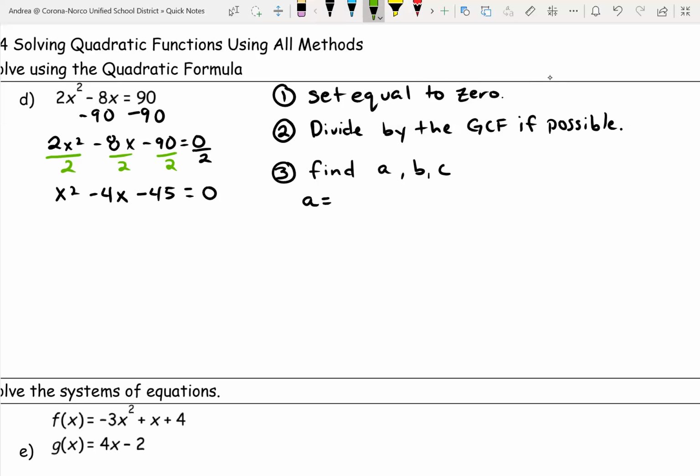What number's in front of the x squared? 1. So A is 1. B value. Catherine, what's the B value here? Negative 4. Okay, and our C value, then, must be the negative 45.